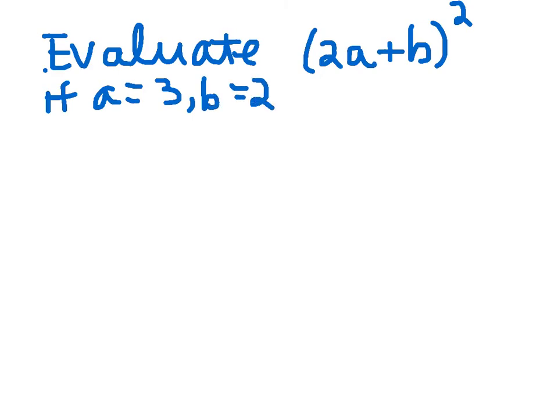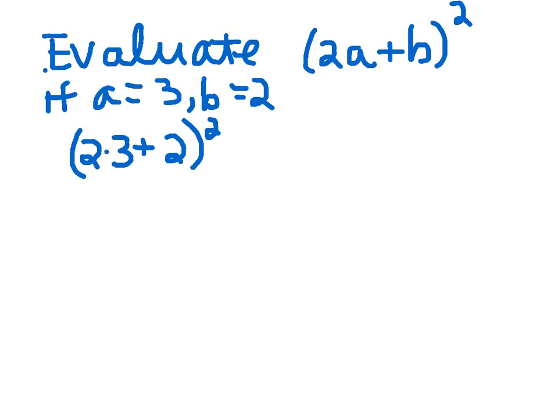When I say in your homework that you need to show replacement, I mean the first thing before you do any math, I want you to show that you are plugging in the value of 3 for a and the value of 2 for b. If you do that, you're far less likely to make mistakes when following GREMDAS.